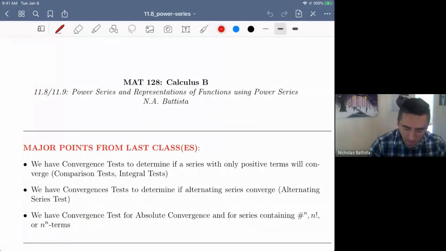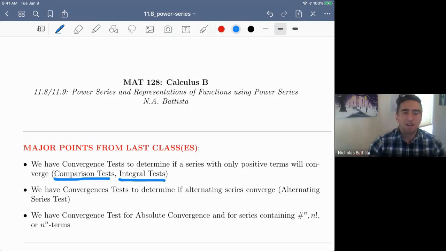So where we're coming from in the last couple days of class is we've been thinking about convergence and divergence tests for infinite series for a couple weeks now. In particular, we developed tests to see if a series that only has positive terms is convergent. And this is where the comparison test and the integral test came into play for us.